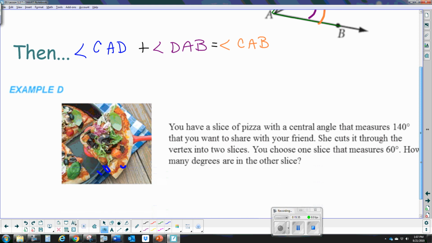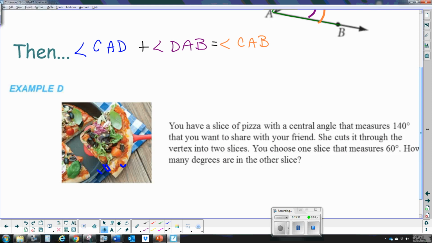All right, and then one more example. You have a slice of pizza with a central angle that measures 140 degrees. That's this angle right here.